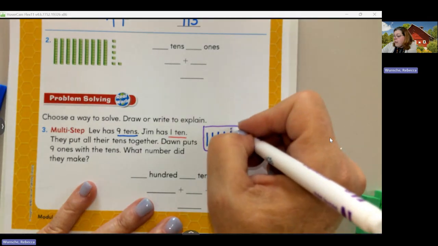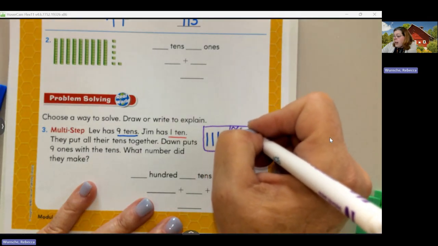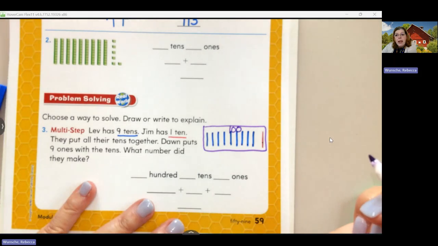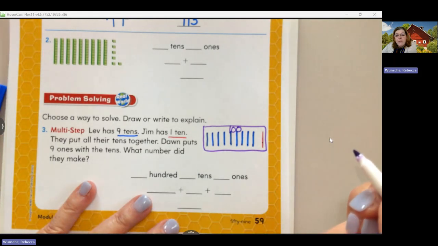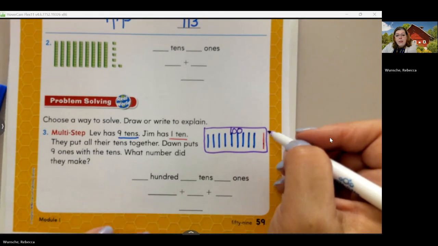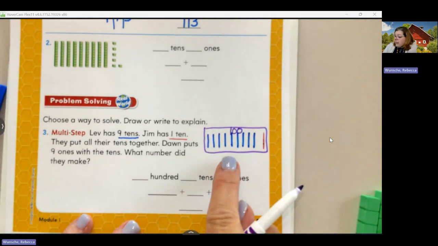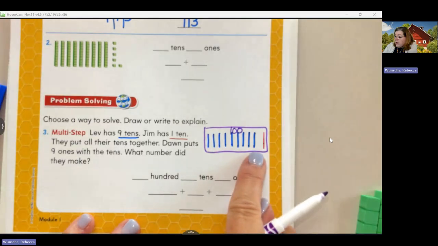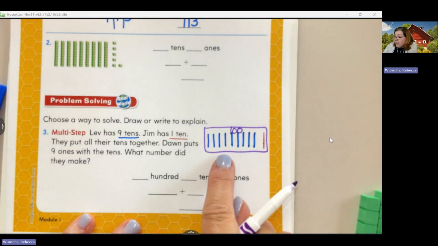I'm going to write myself a note because I just made a 100 block out of all of those, a 100 flat with all of my tens that I put together. So when I look at this now, how many hundreds do I have? Well, I have 1 hundred block, right?